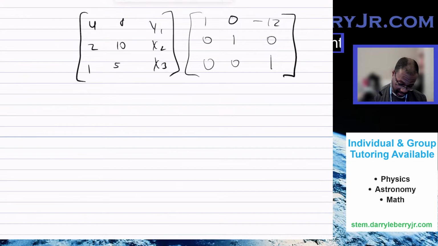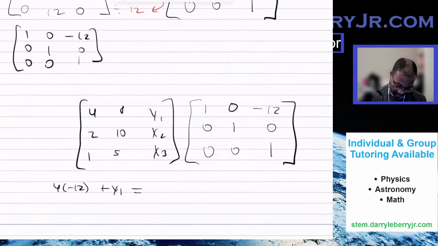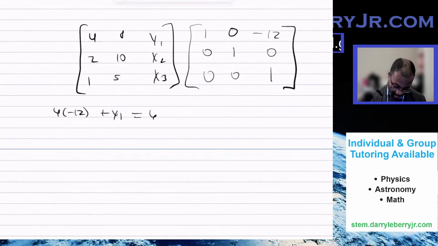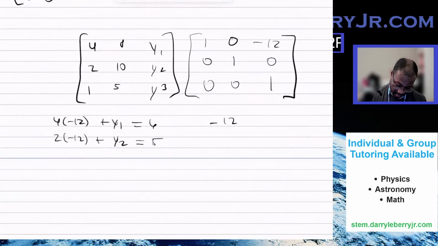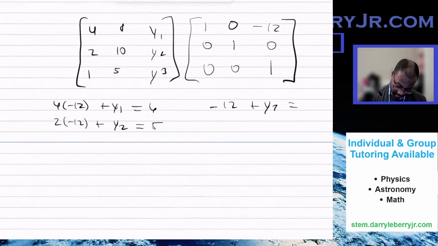So the last column will be 4, negative 12 plus y1 equals 6, negative 2, negative 12 plus y2 equals 5, and negative 12 plus y3 equals 6.